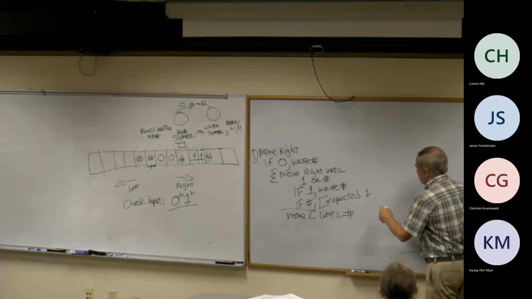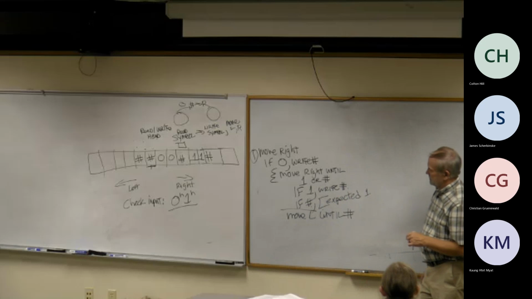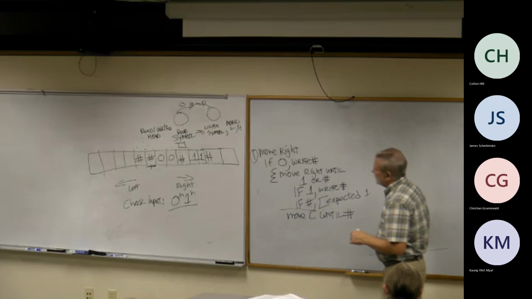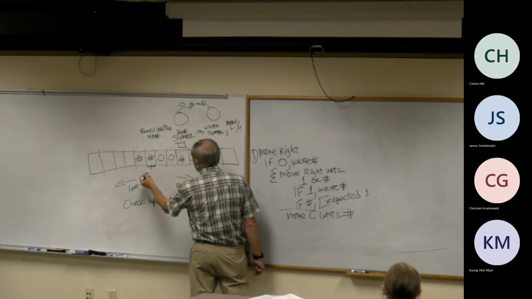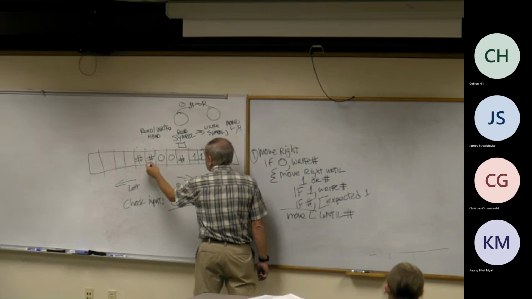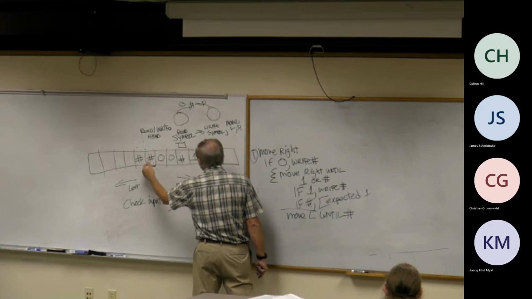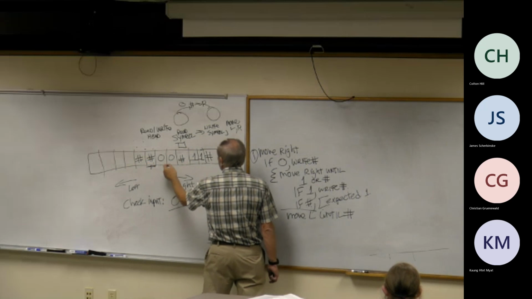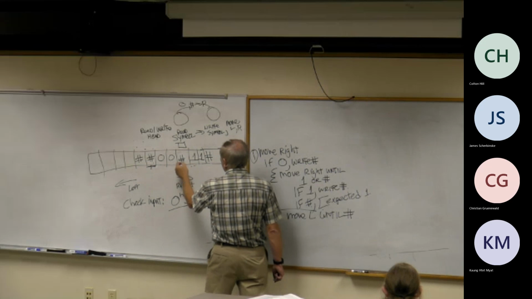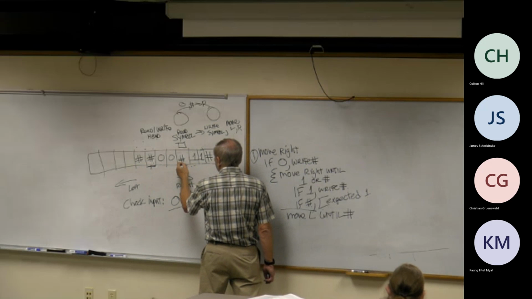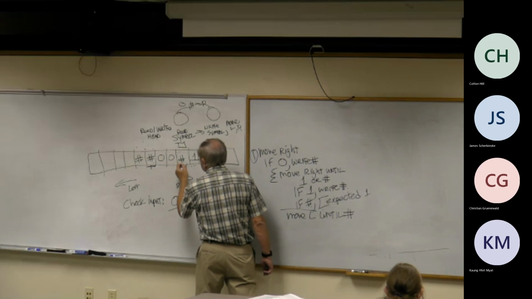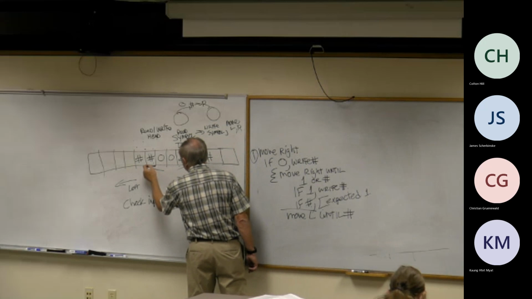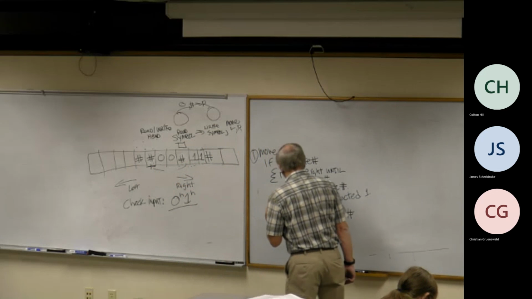I'm still expecting a 1 if I just crossed off a 0. So let's see if we can put it in terms of, I moved right until I found a 0, crossed it off, moved right until I found a 1, crossed it off, and then let's go back to the left until I hit a pound sign.